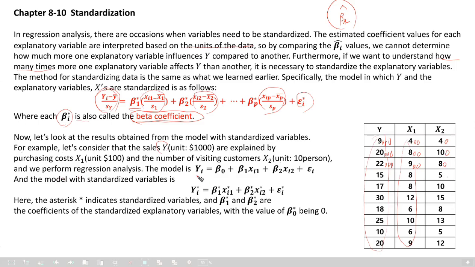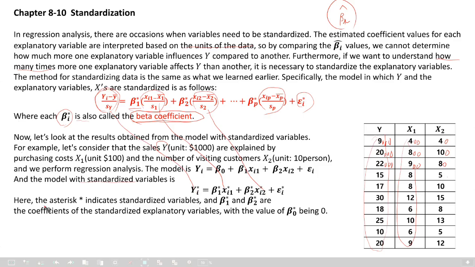The model is yi equal to beta 0 plus beta 1 xi1 plus beta 2 xi2 plus epsilon i. The standardized model will be yi star equal to beta 1 star xi1 star plus beta 2 star xi2 star plus epsilon i star. Of course, y star is here.